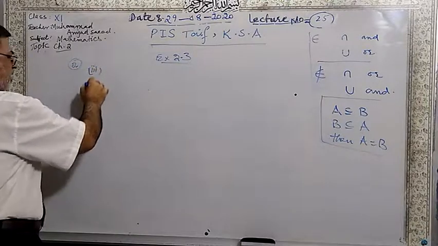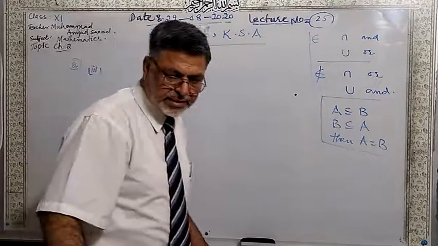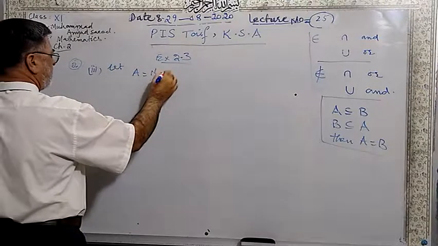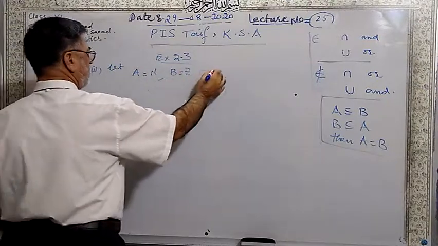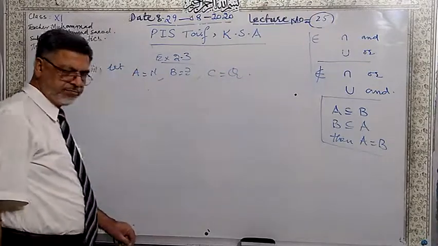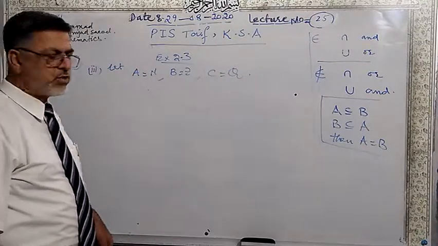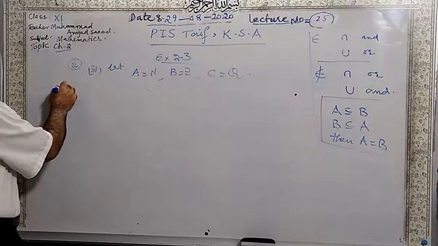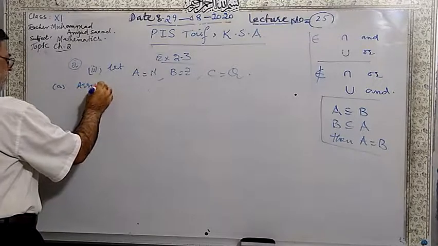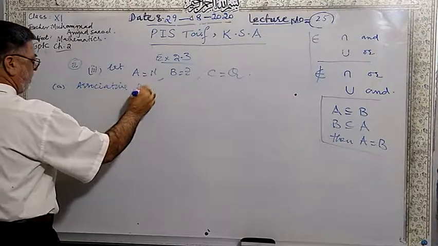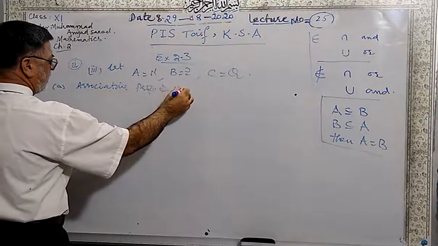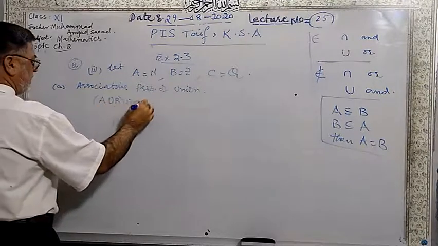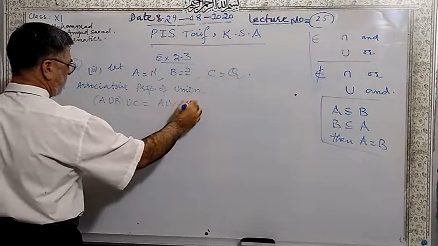Again I am taking the third part: N, Z and Q. Let A is equal to N, B is equal to Z, C is equal to Q. The question is associative property of union. What is that? A union B union C is equal to A union B union C.